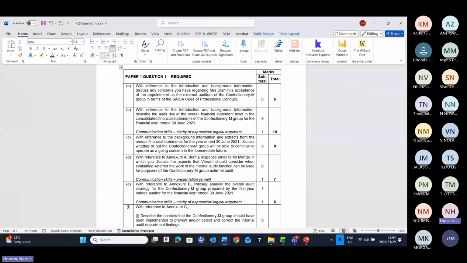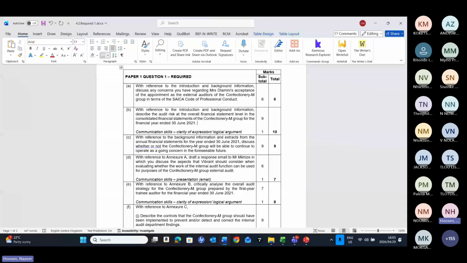So for part A, with reference to the introduction and background information: discuss any concerns you have regarding Mrs. Dlamini's acceptance of the appointment as the external auditors of the Confectionery M Group in terms of the SAICA Code of Professional Conduct. This was CPC, and this was client acceptance.